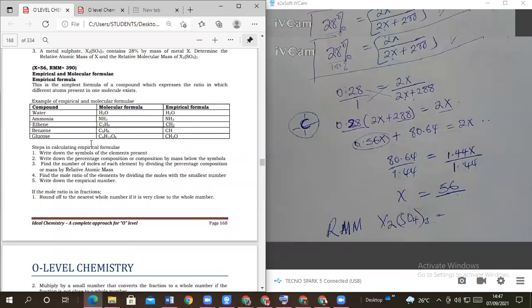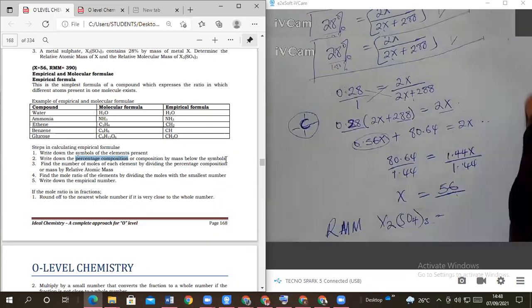So here they are saying steps in calculating the empirical formula. Number 1, write down the symbols of the elements present. These symbols will be given in an equation. Write them the way they are. 2, write the percentage composition of each element by mass below the symbol.